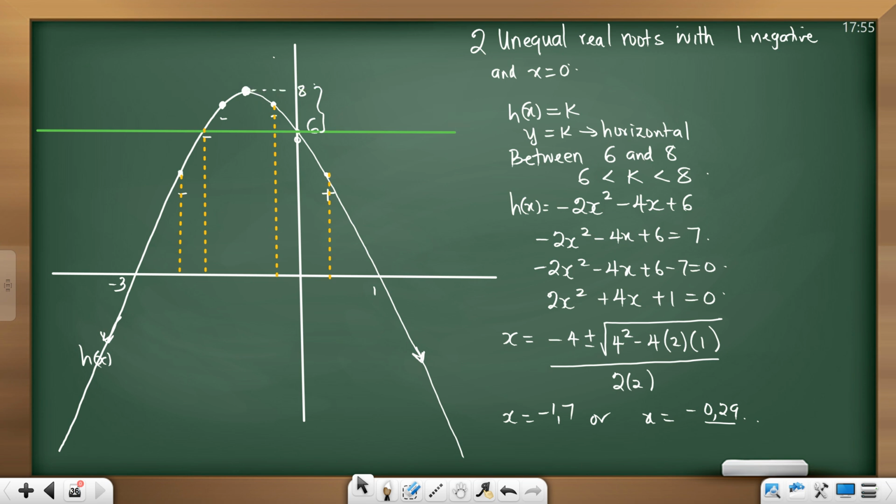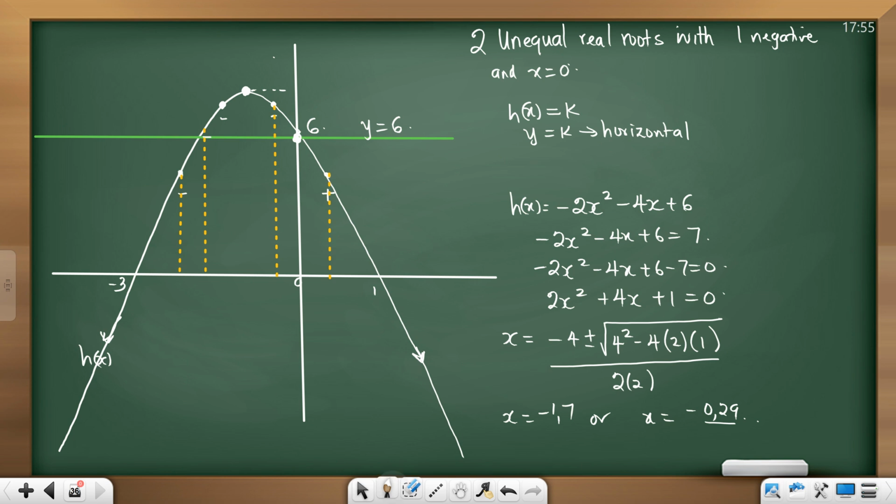Look at my line. Where will I get 0? When this line is right here, because x is 0 at this point. Does that make sense? y equals to 6. When y equals to 6, I'm going to get x as 0, and the other value will be negative. Remember, y is k, so therefore k equals to 6.